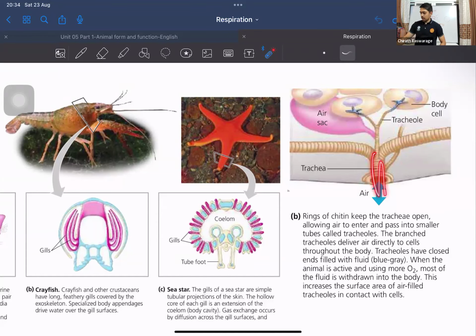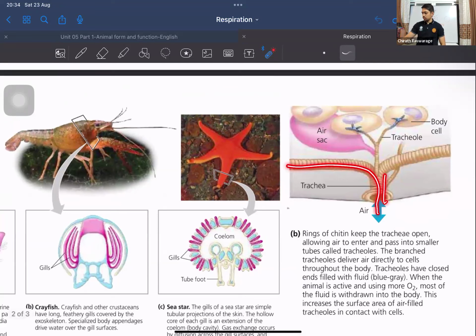The atmospheric air is delivered directly through these tubes to the body cells. Those are like air tubes taking the atmospheric air very close to the cells. That is called the tracheal system, a unique feature of phylum Arthropoda.